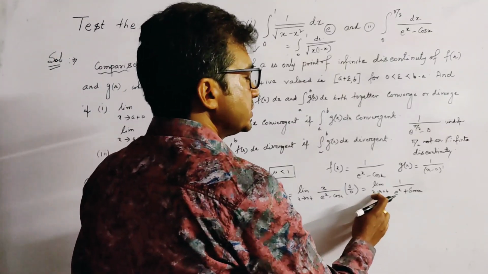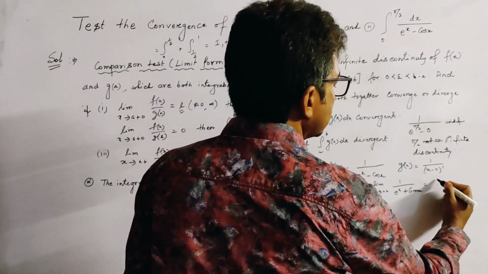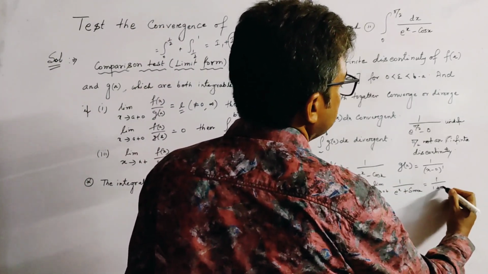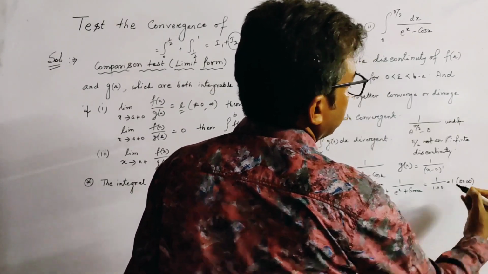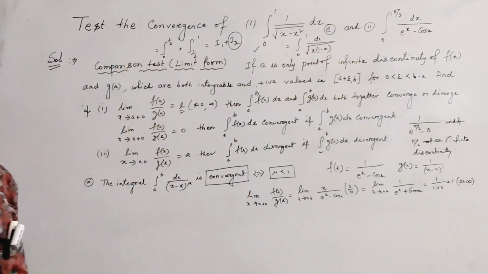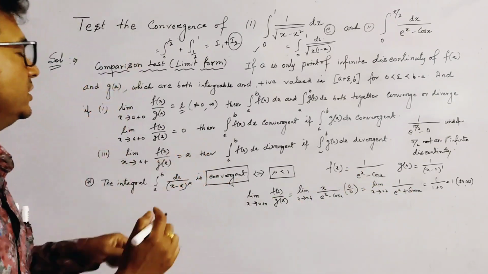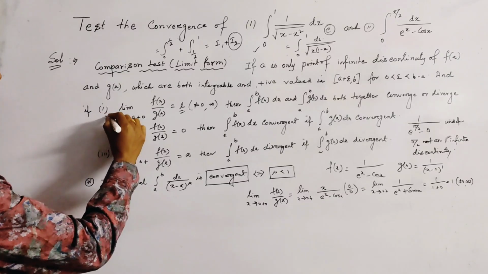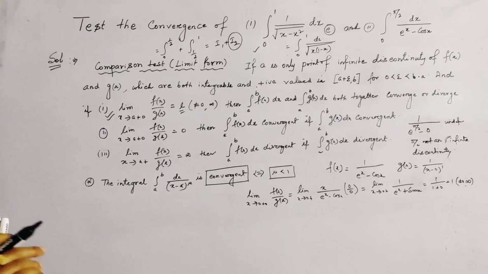Now if we put x equal to 0 in this function, we get 1 by 1 plus 0, which is 1, not equal to 0 and not equal to infinity. So we get a non-zero finite limit L, and we get case 1, not case 2 or case 3.